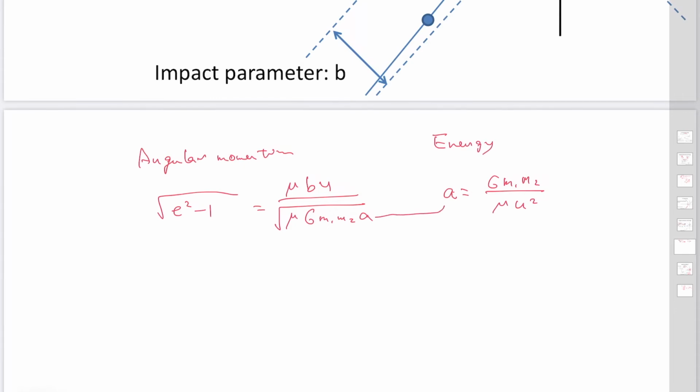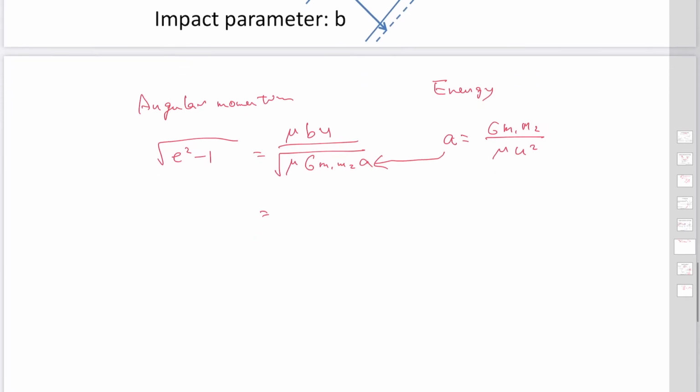Then you can just substitute this a here. Then it becomes mu b u squared over G m sub 1 m sub 2. If you change mu to m sub 1 m sub 2 over m sub 1 plus m sub 2, it becomes b u squared over G times m sub 1 plus m sub 2.